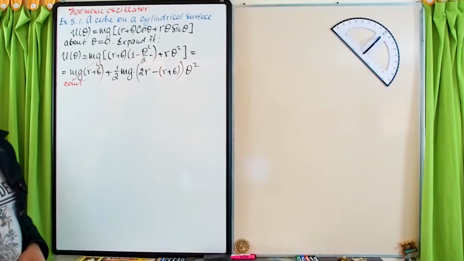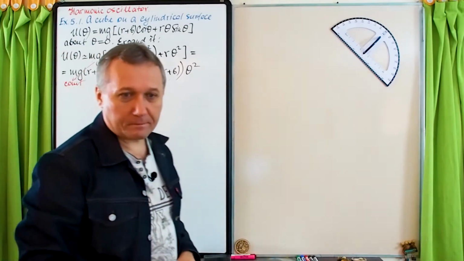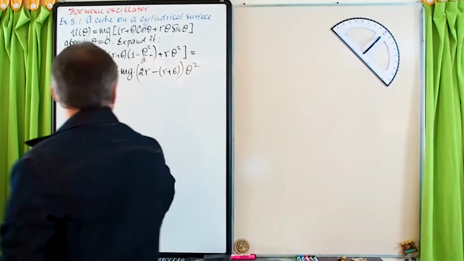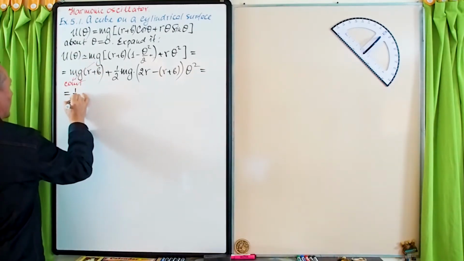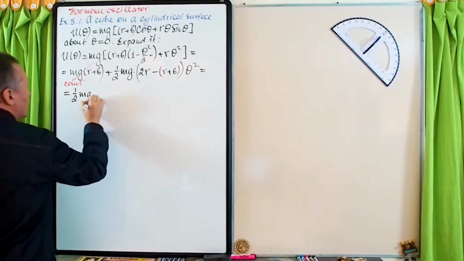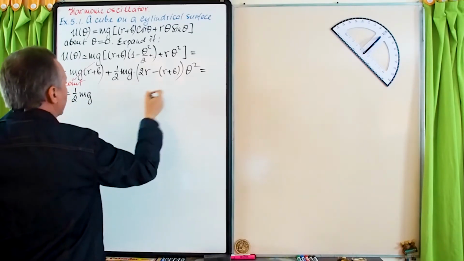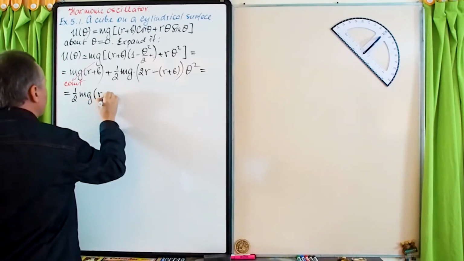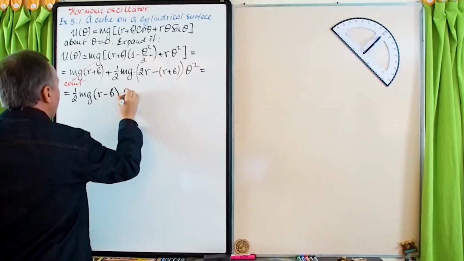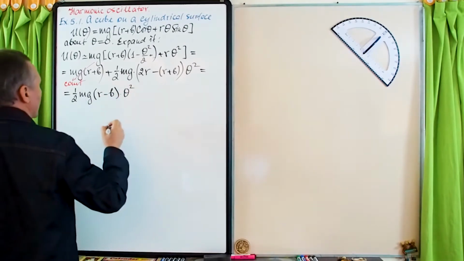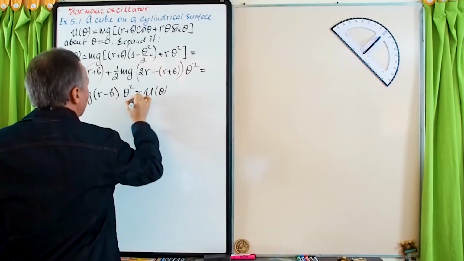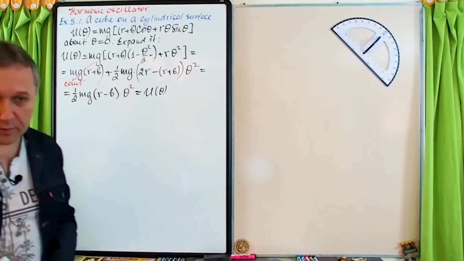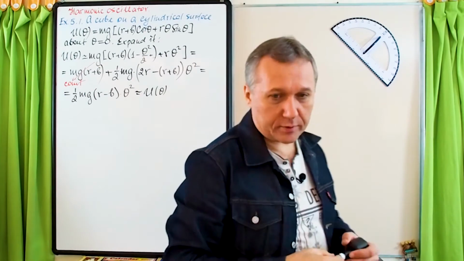I think I didn't make a mistake. So we can forget about that constant, and as a result we have 1 over 2 mg (r minus b) theta squared. So that's our potential energy, an expansion around theta equals 0.